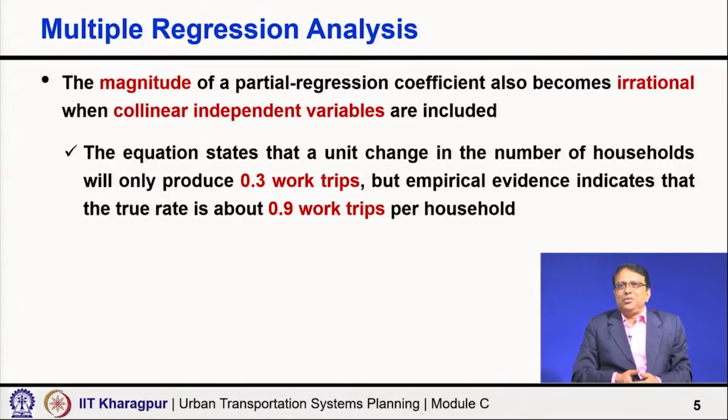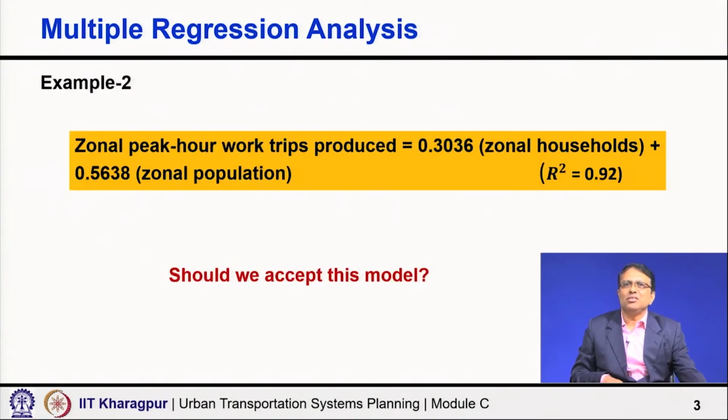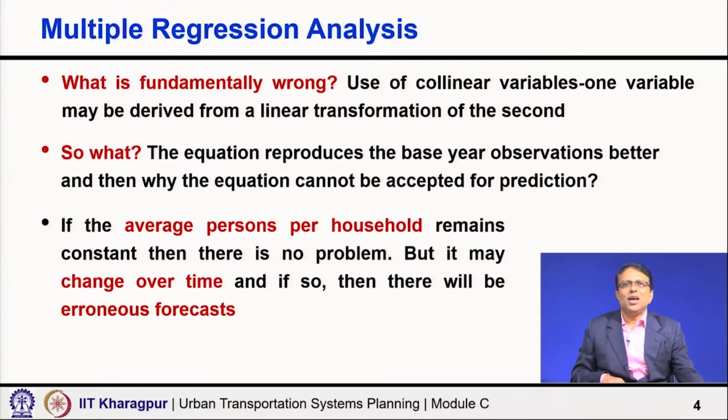Also look at why I said that you have to check the coefficient estimate value also. The magnitude of the partial regression coefficient also becomes irrational when collinear independent variables are included. Go back to the equation and check it once again. The coefficient estimates are 0.3 into zonal household plus 0.5 into zonal population.